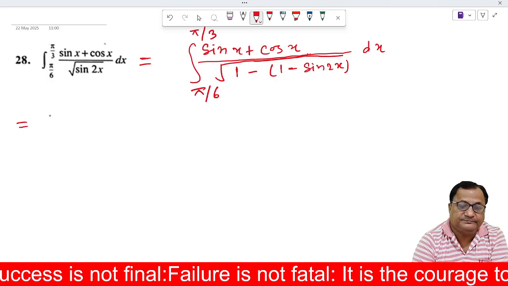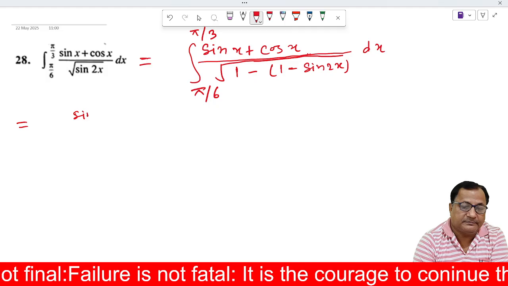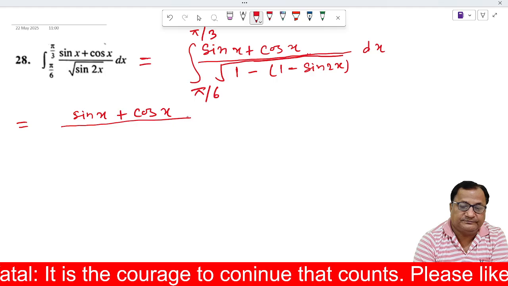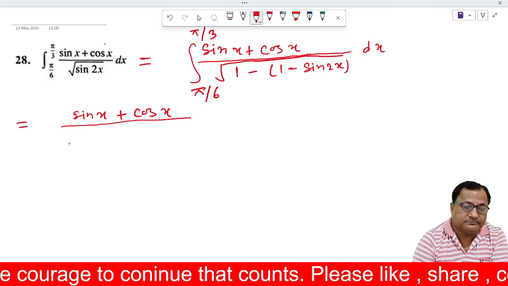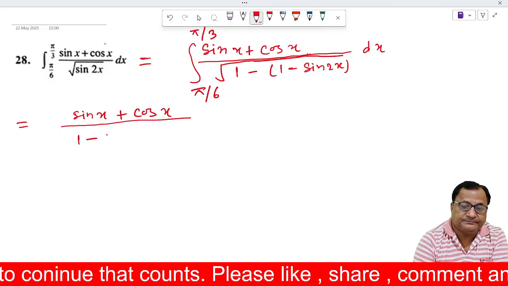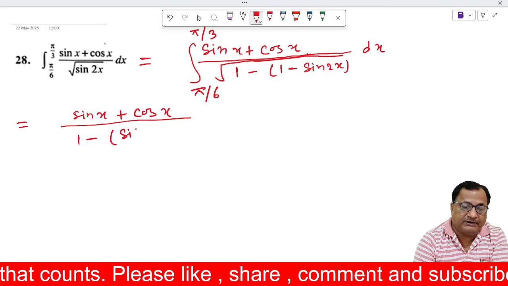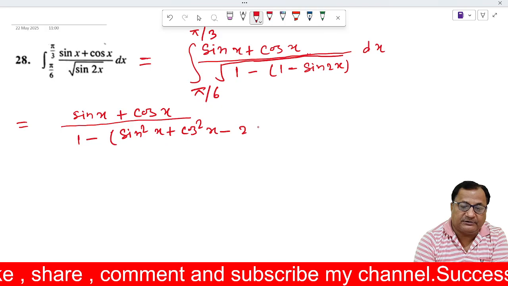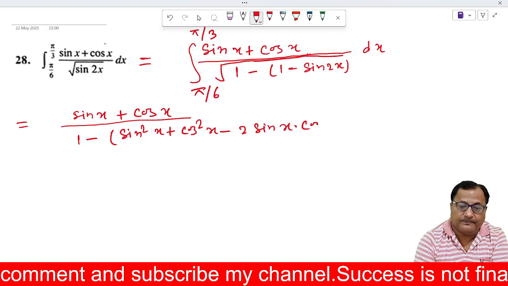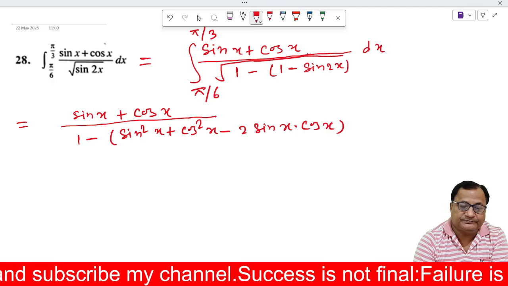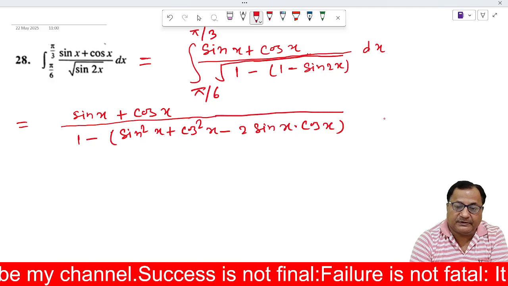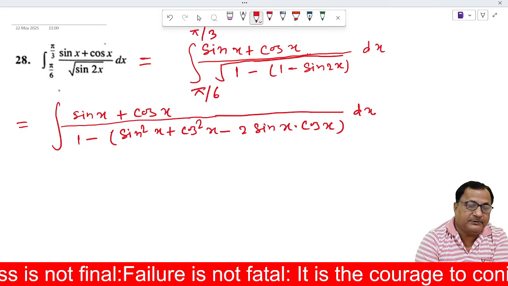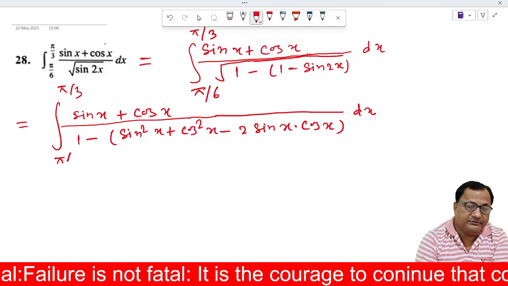This can be written sin x plus cos x divided by 1 minus, this can be written 1 as sin square x plus cos square x, minus sin 2x can be written 2 sin x into cos x, dx, limit pi by 3, pi by 6.